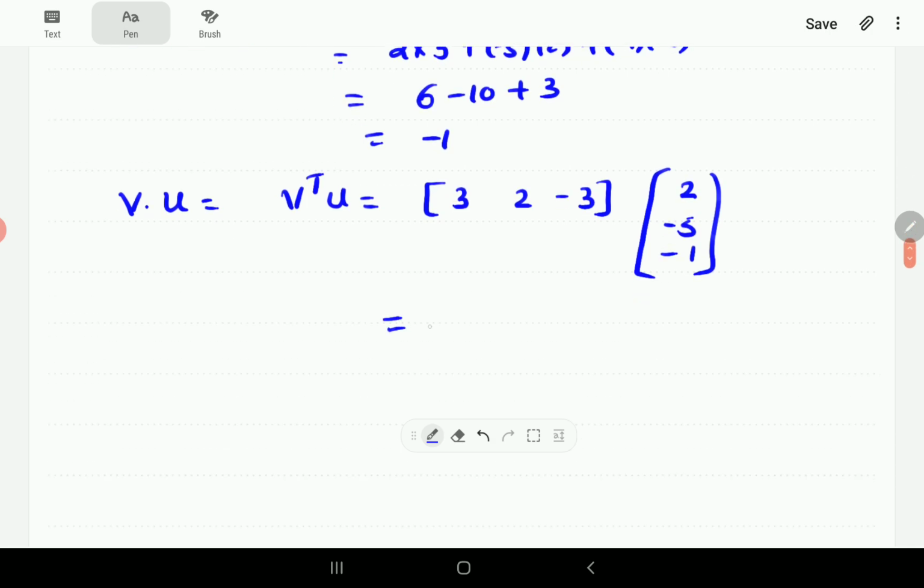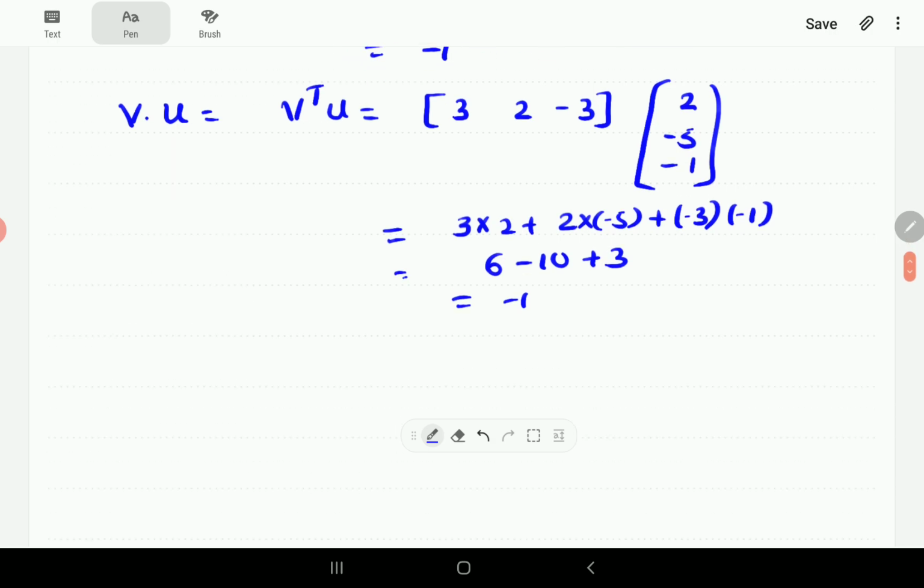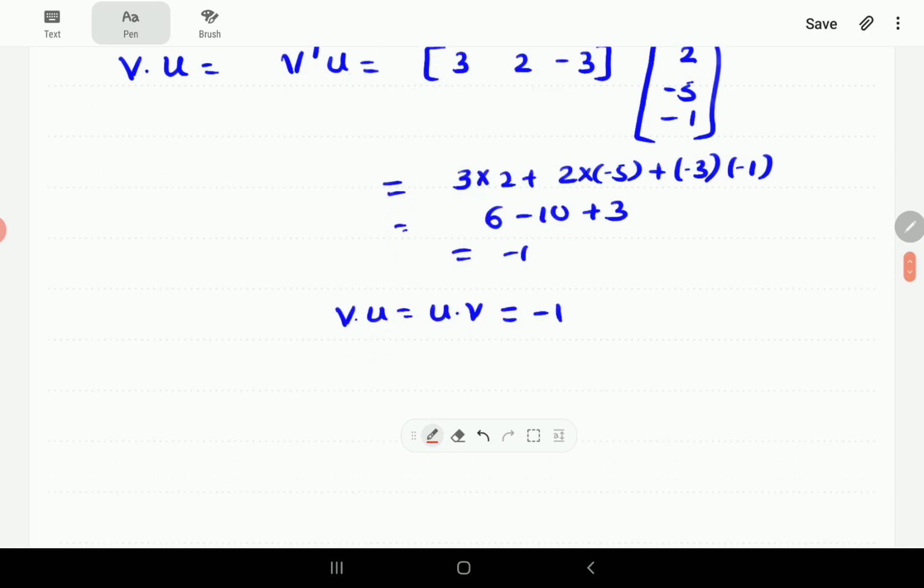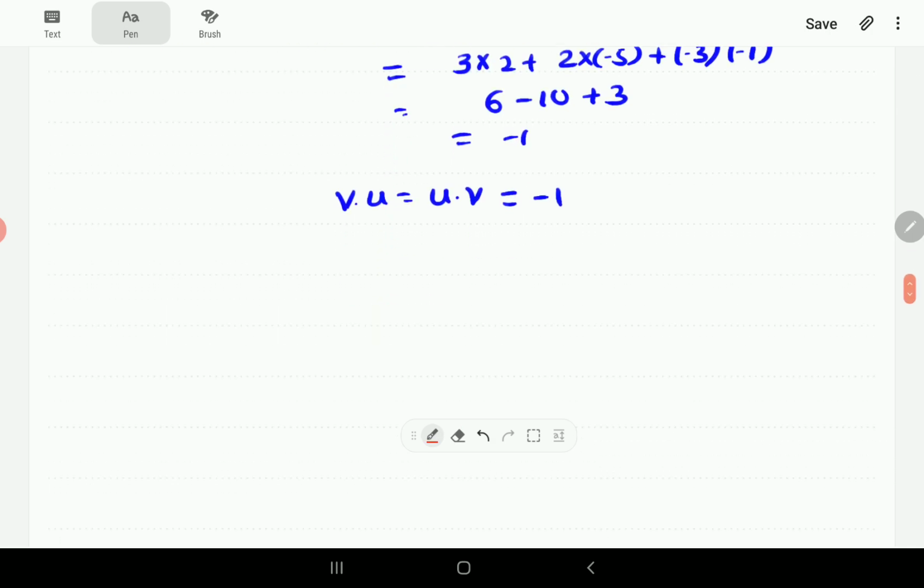By the definition, this is 3 times 2 plus 2 times -5 plus -3 times -1, which is 6 minus 10 plus 3, which is equal to -1. So it is clear from the calculation that v dot u is equal to u dot v, which is equal to -1. Okay, so we have properties of the inner product.